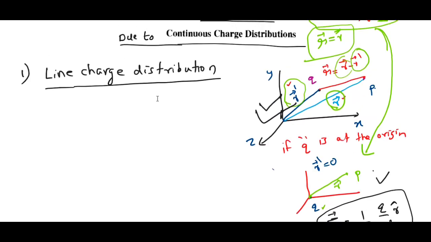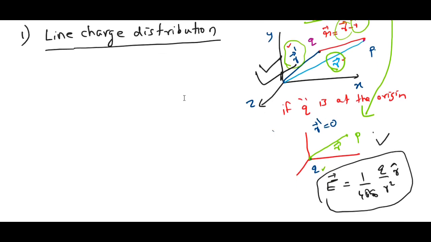In today's discussion, I consider that all of the line charge distributions are kept at the origin of the coordinate system. Whatever be the line charge distribution, the surface charge distribution, and also the volume charge distribution, all are kept at the origin.